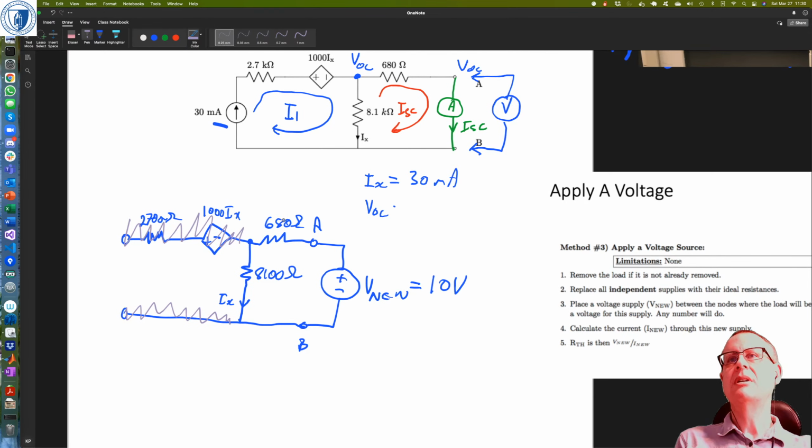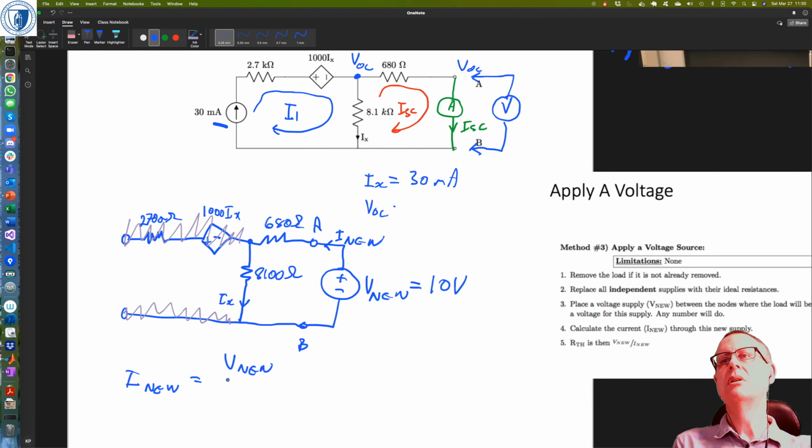So now what we want to find is I new, and I new equals V new on, well, that's just a 680 ohm resistor in series with an 8100, so it's just 680 plus 8100.